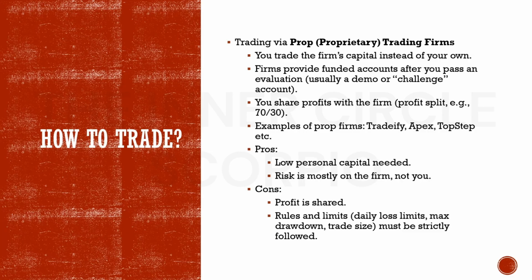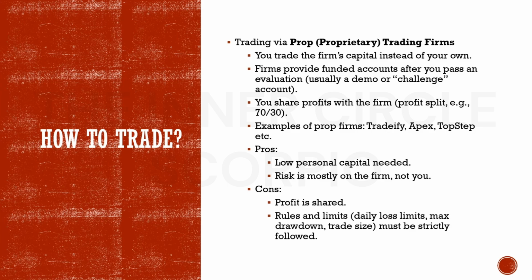Pros: low personal capital needed, and of course the risk is mostly on the firm, not you. The cons are that profit is shared, as I mentioned before, and the rules are pretty hectic. If you know how to trade on a prop firm, you will be amazing on your own capital, because these prop firms have very hectic rules, like a daily loss limit.